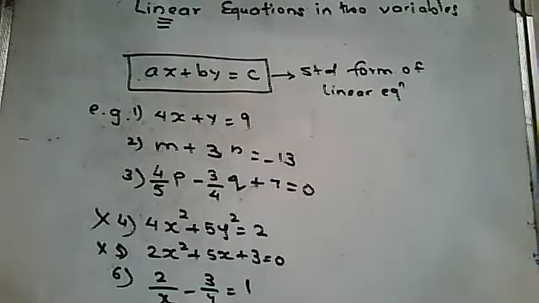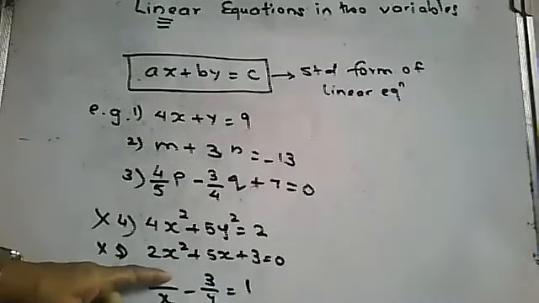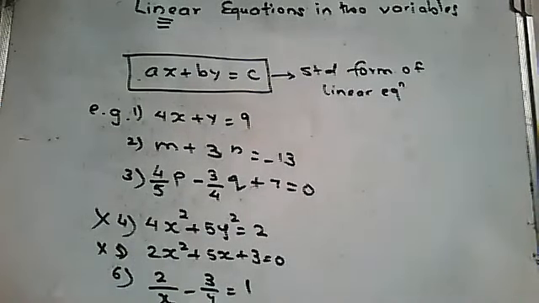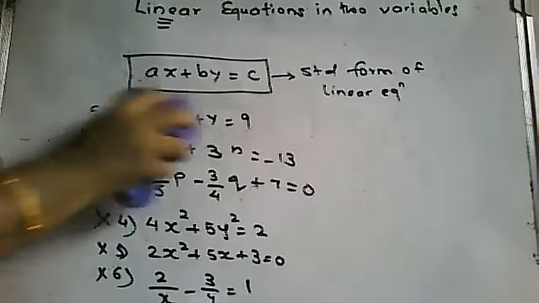If you consider the normal variable x, it will be raised to minus 1. So it will have degree or power, you may say, minus 1. So this is not a linear equation. Even this one is not a linear equation. So on this basis, what question may be asked?